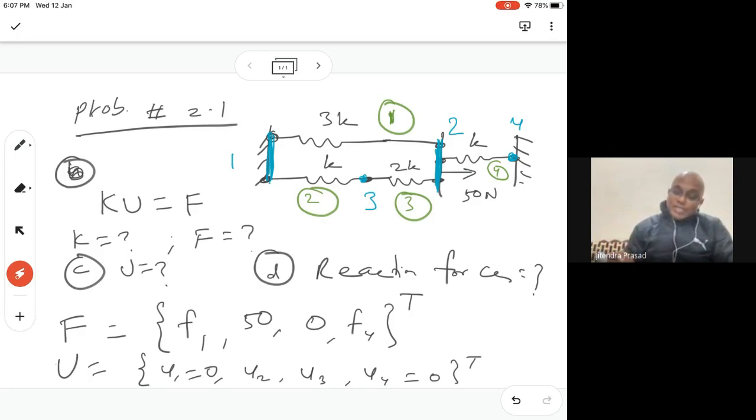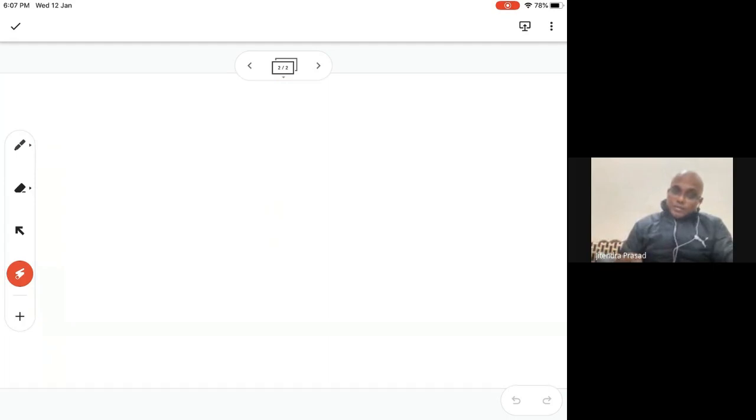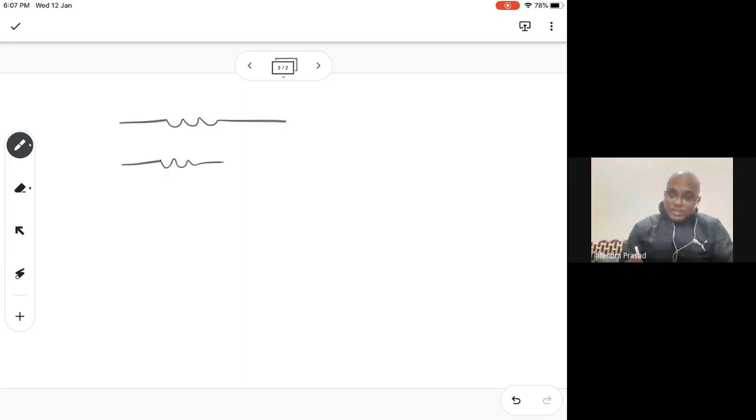Next is finding K. Let's draw it again here. We have one spring like this, then this spring, then this spring, then this spring.